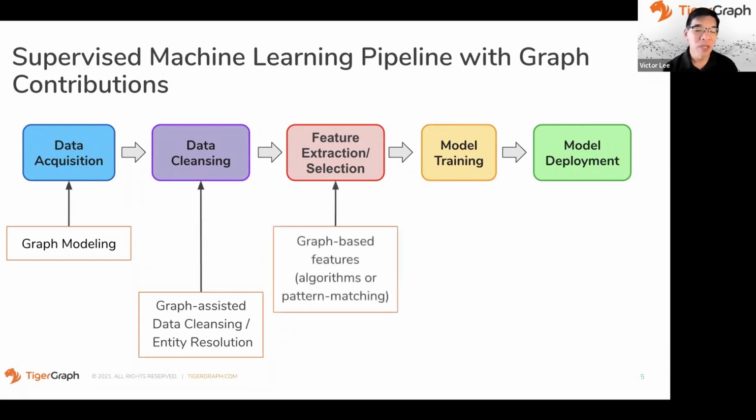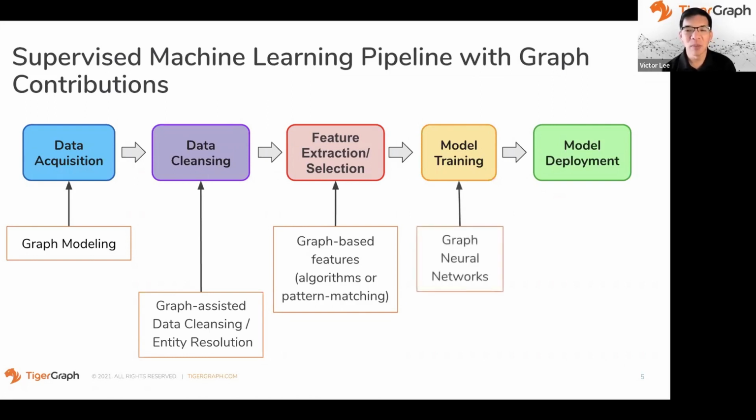You can use graph-based techniques for that. And here in the middle, this is the core section where traditionally graph has played a role in machine learning, using graph-based features either through standard algorithms or writing specific pattern matching queries that you designed for your application. And this is all in the data preparation phase.